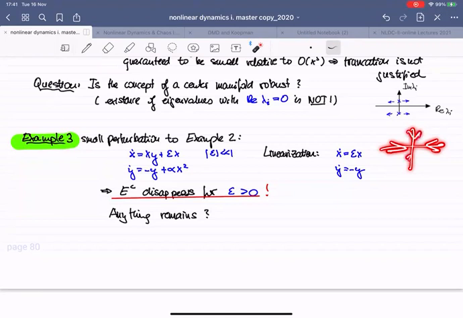In the y direction, I always have stability. So the conclusion is that if epsilon is non-zero, so this is a true perturbation, then I either turn this into a node or I turn it into a saddle. In either case, there's no center direction anymore. So the whole theory, you could argue, goes through the window.